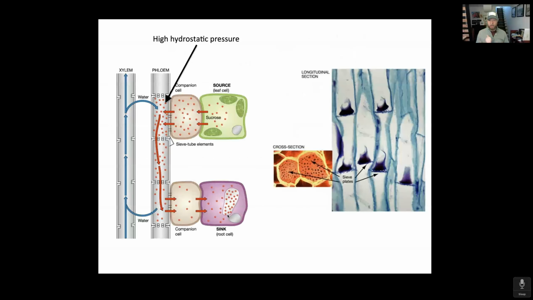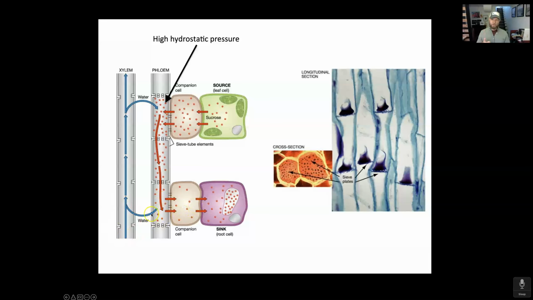Let's go to this diagram. I should be using this diagram. So again, we've got lots of sugar molecules in the sieve tube element at the source. It lowers water potential. You can see in this diagram that water is moving from the xylem into the phloem. Then if we go down here at the sink, the companion cells at the sink are removing solutes and sugars. So that raises water potential.